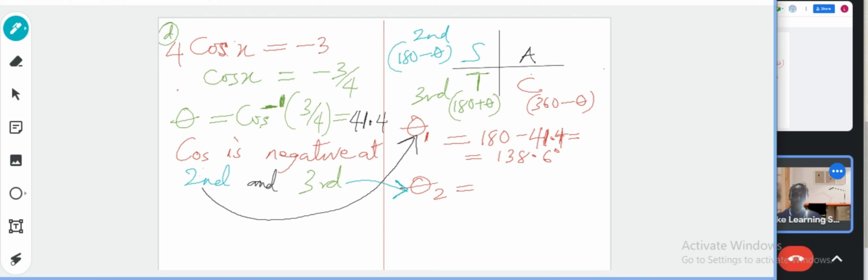Quickly. 180 plus 41.4, and that simply gives us 221.4. This is how simple this can be. Whenever you see a question like this, that's all that you should do, and you have your answer. Okay?